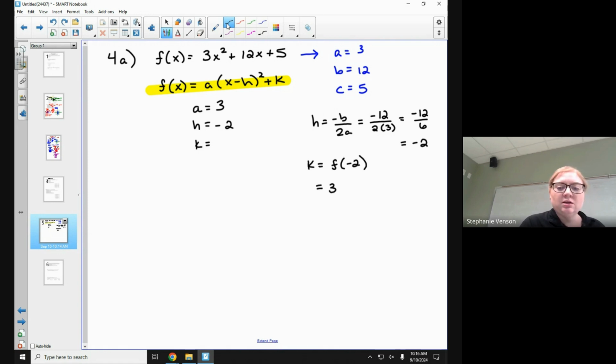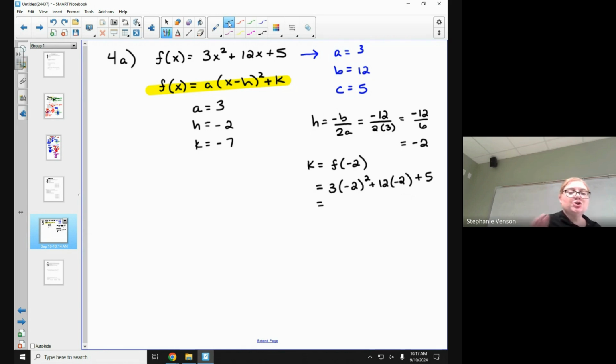So 3 times negative 2 squared plus 12 times negative 2 plus 5. And I'm going to type that into my calculator. 3 times negative 2 squared plus 12 times negative 2 plus 5. I got negative 7.